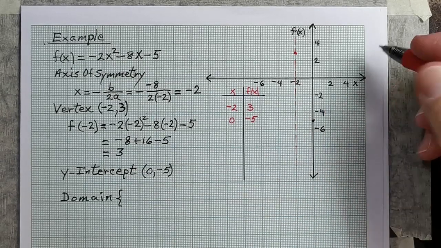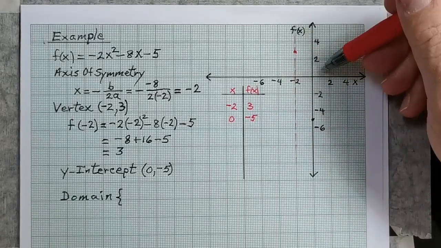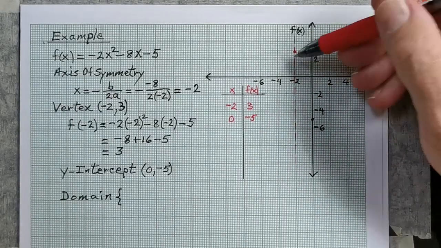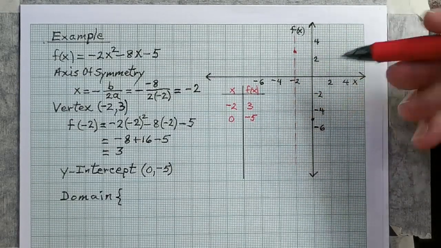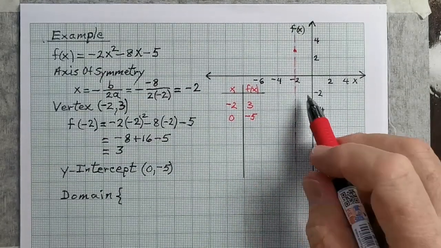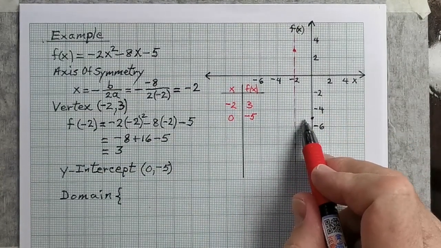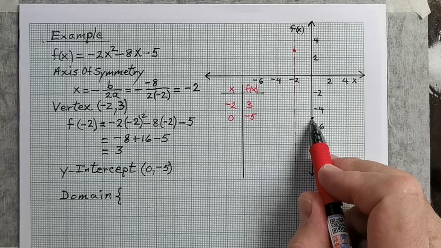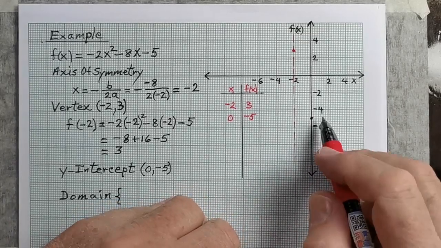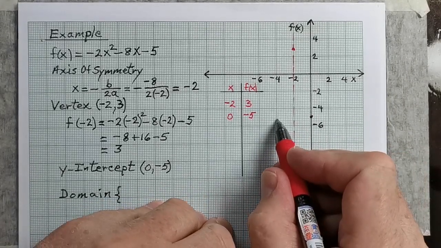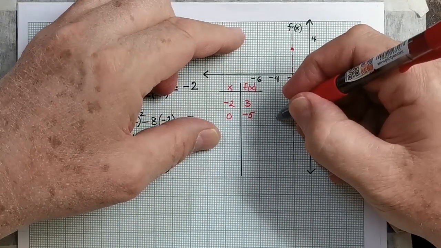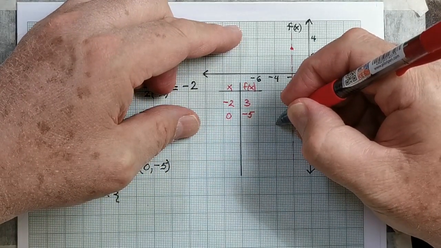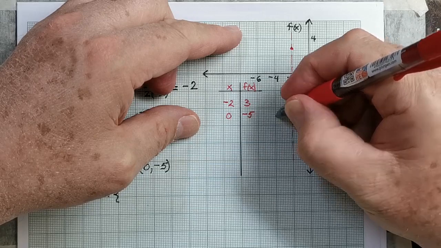Okay? Notice that 0 on the x-axis is 2 units to the right of the axis of symmetry. See, this is 2 units. Negative 2, negative 1, 0. So 2 units to the right. If we go 2 units to the left, we will find the symmetrical point on the other side. 1, 2, 3, 4, 5.